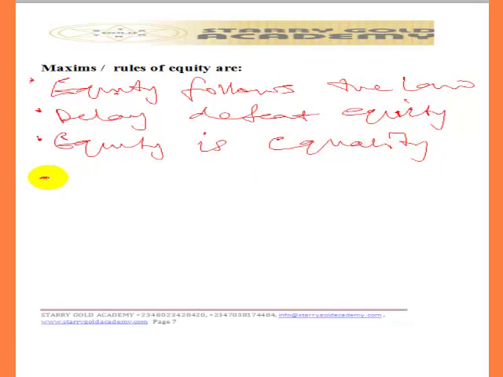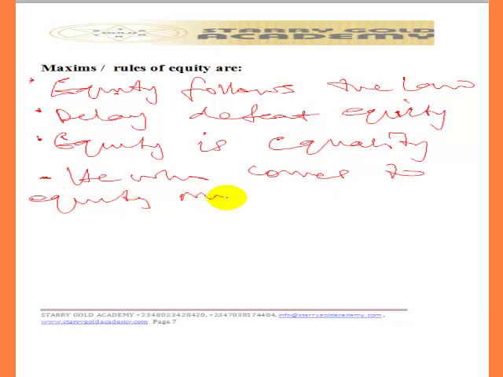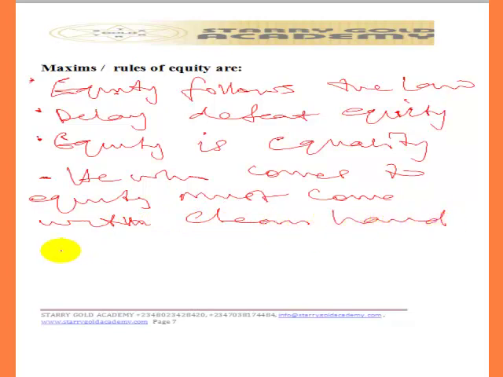Then we have another one: he who comes to equity must come with clean hands. Then another one is: equity will not allow a wrong to be suffered without remedy.